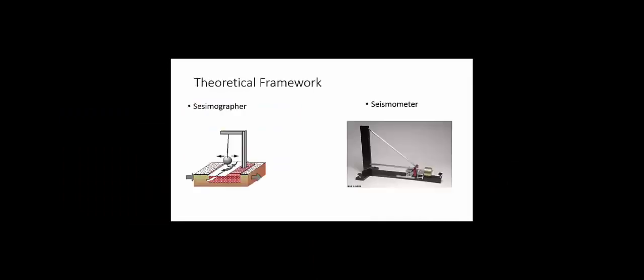So we were searching about how an earthquake is detected. For a long time in human history, there has been the seismograph. When the earth moves, this is the sensor, and this ball is writing on this paper.